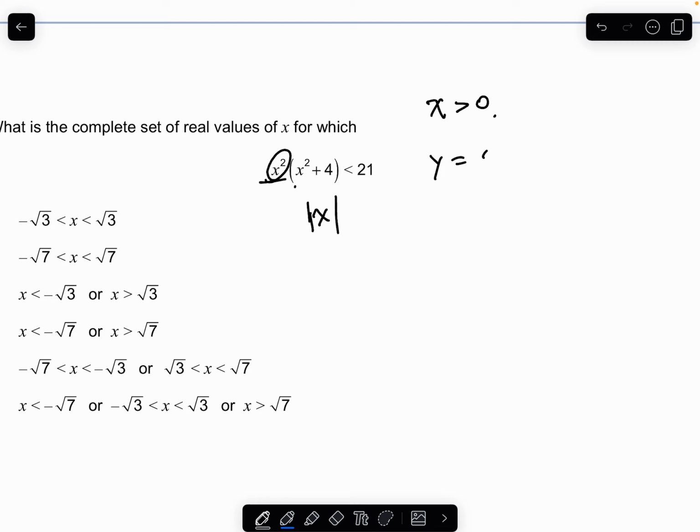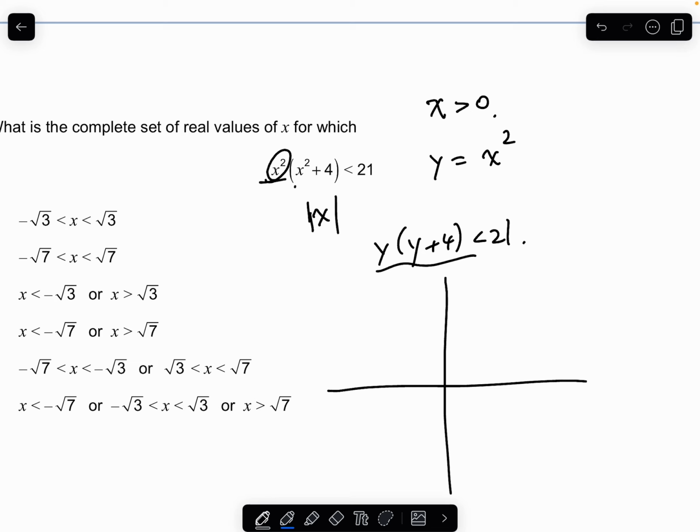And I transfer this. And I will draw the image of the left function. It is something like this.